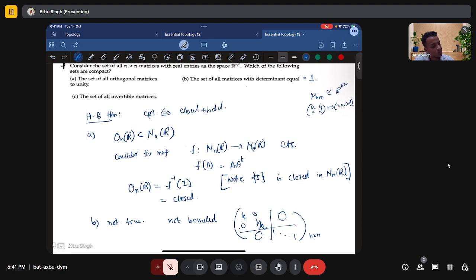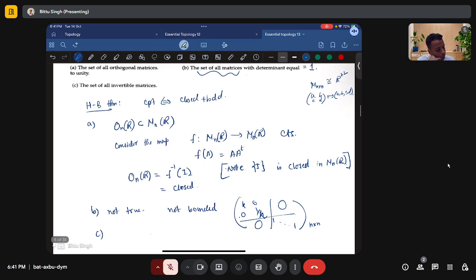So this set is an unbounded set. The distance from the origin tends to infinity if we take this kind of matrices. Now what about C, the set of all invertible matrices?